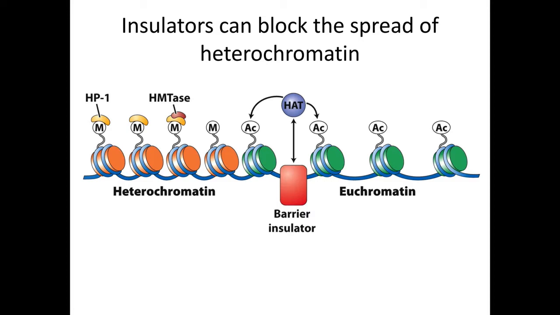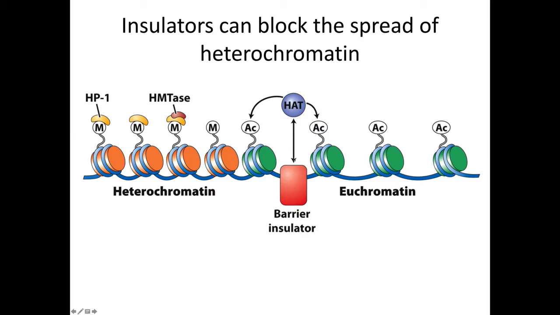Now, I mentioned insulators that can block enhancers. Insulators can also play an important role in blocking the spread of these two different states. You can think of heterochromatin and euchromatin as competing. Heterochromatin has histone methyltransferases, and it's a reinforcing loop in which the histone methyltransferases and HP1 maintain the methylated state, and then the acetylated chromatin can maintain the acetylated state.